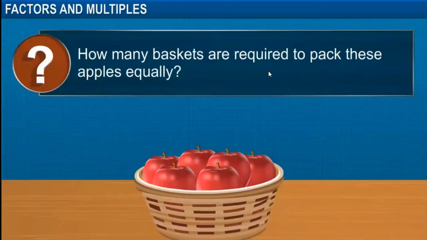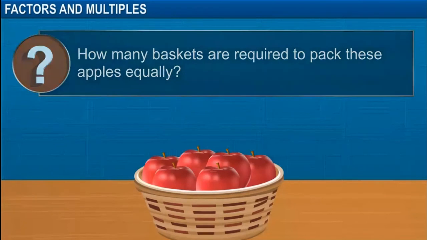Again, we are trying to divide the 6 apples into 3 baskets. When we divide into 3 baskets, each basket gets 2 apples. So like that we are trying to divide these apples into different baskets. That is what we are doing here as an activity.